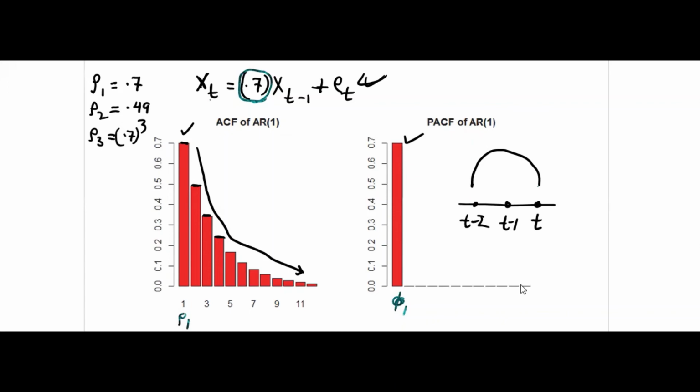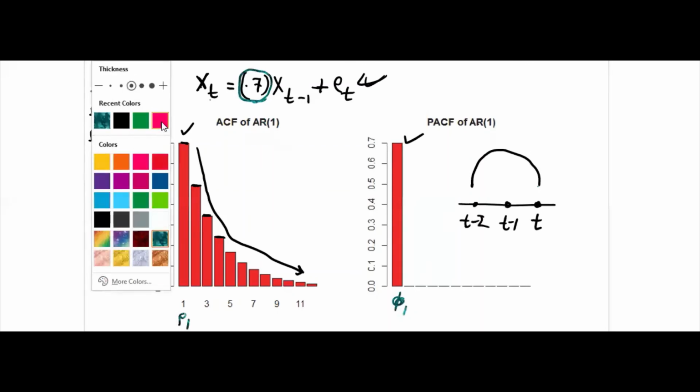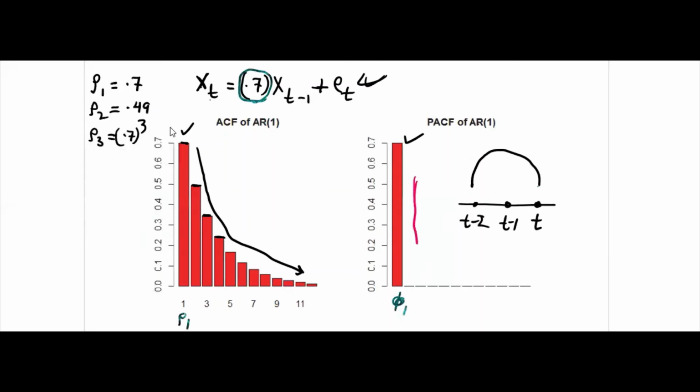If the partial autocorrelation is 0 after step 1, then it will be AR1. If partial autocorrelations become 0 after step 2, it will be AR2. Suppose you have 2, but from 3 it's 0, then it will be from AR2.